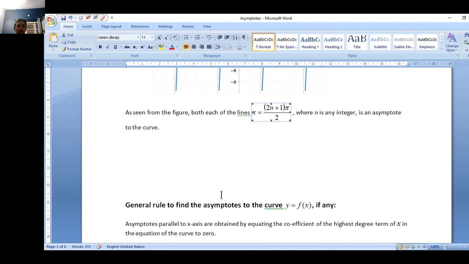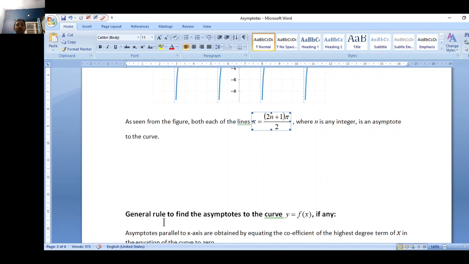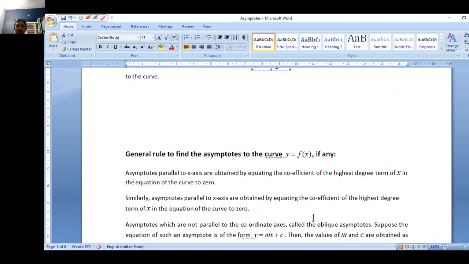Okay, so I'm going to give you what is known as the general rule to find all possible asymptotes to the curve y equals f of x. So how do we do that? First of all, we classify the asymptotes into two types. One set of asymptotes are basically parallel to the coordinate axes.